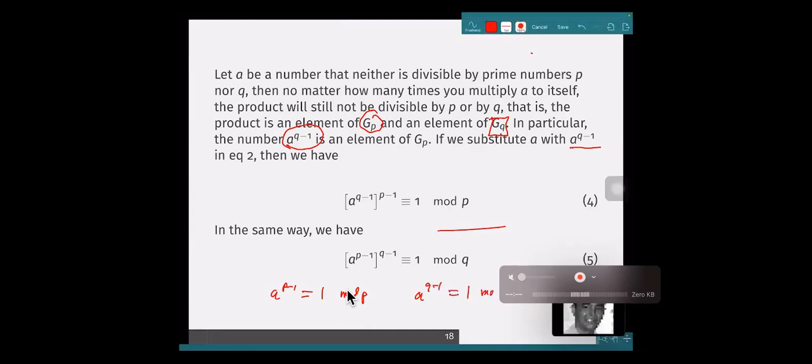Now, according to equation number 5, since any power of a is a member of G of q, if we substitute here a to the p minus 1, then we get a to the p minus 1, raised to the q minus 1, is equal to 1 mod q. So we now have two equations, 4 and 5.